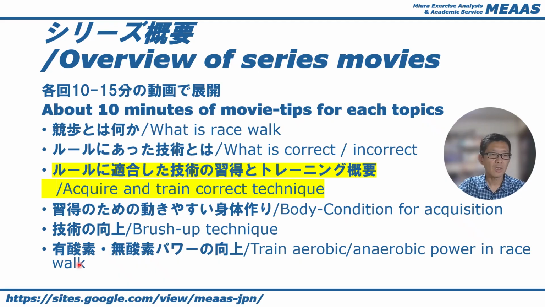After that, I talk about the training of aerobic and anaerobic power for the practical events of race walking, 10K for under 20, and half marathon or full marathon walking for the U23 and senior.